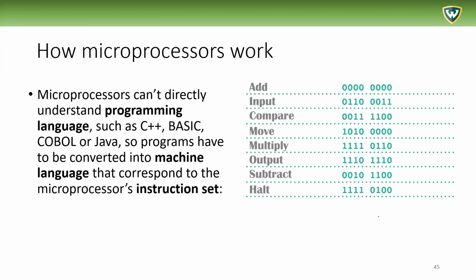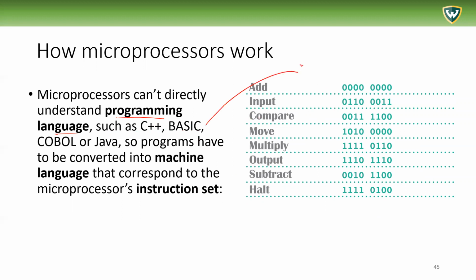How microprocessors work. We are really not going to get deep into how microprocessors work here, so I'm just very broadly mentioning some things. Microprocessors cannot directly understand programming languages such as C++, BASIC, COBOL, and Java, which you may have seen.